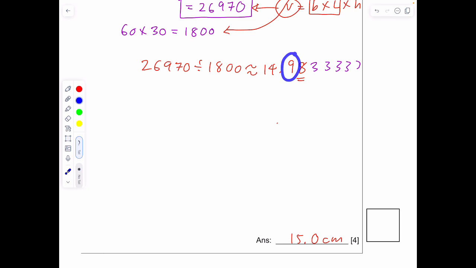So to look at this, I will look at the number before that. If the number is 5 or greater, I will actually round up for this. Now granted that because the next number, if I round it up, is going to be 10, alright, I need to carry over the value. So therefore, it becomes 15.0. I hope this makes sense.